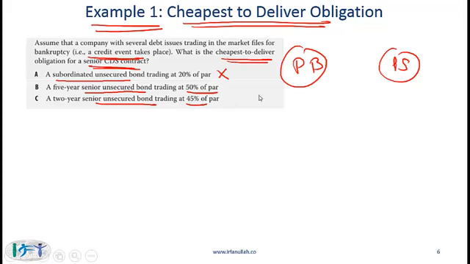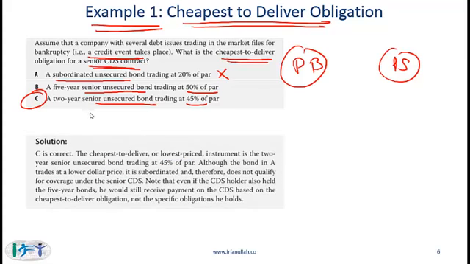Between these two, the protection seller is going to deliver the cheaper one, and clearly the bond which is trading at 45% of par is cheaper. So this is the one that will be delivered. For completeness, I would also want you to read this solution from the curriculum.